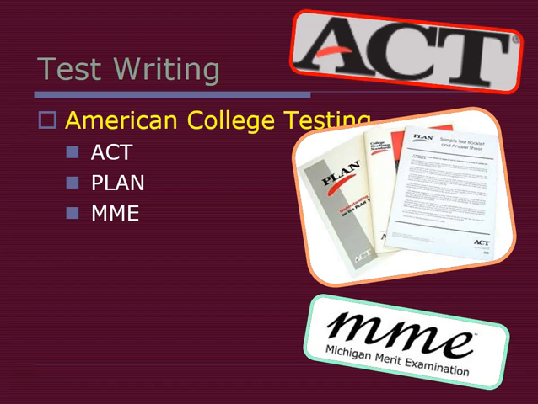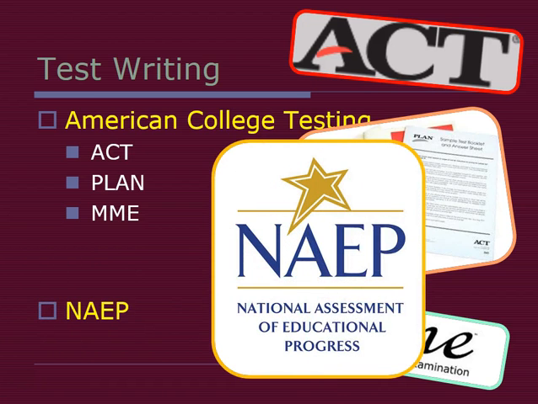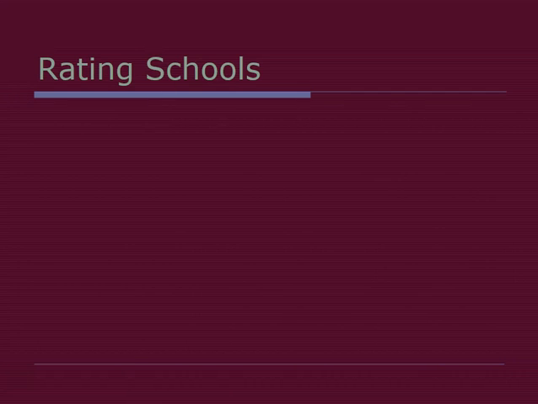They write tests like the ACT, the Plan Test, the Michigan Merit Exam. They're not the only testing company out there, but they're one of them. The NAEP, the National Assessment of Educational Progress, is actually run by Congress, and you guys are members of Congress, so you are actually responsible for running another group that is responsible for writing standardized tests.